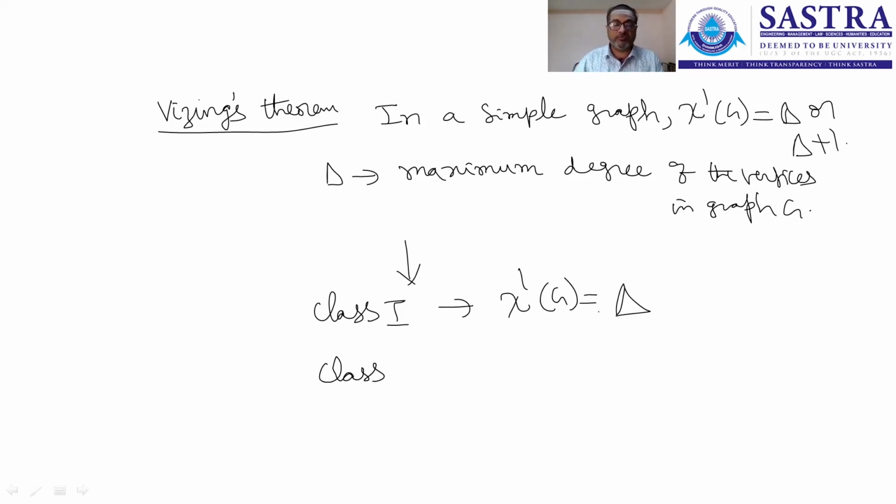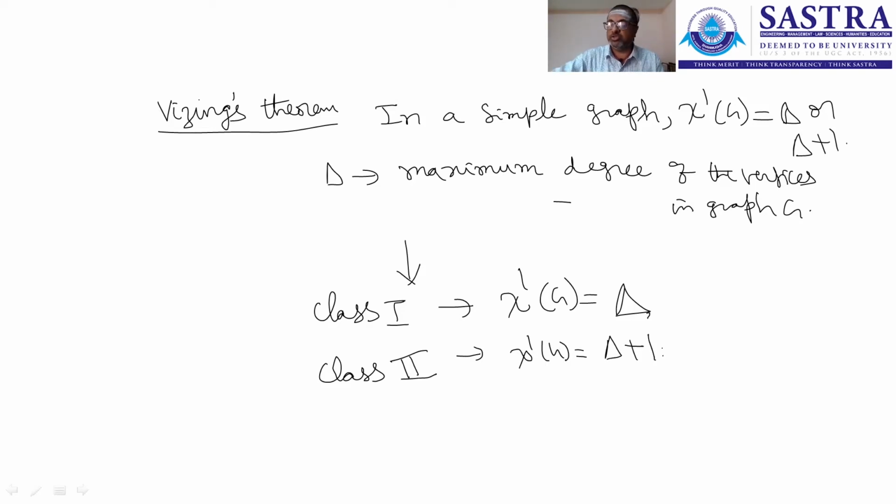Class 2 graphs is the set of all graphs for which chi dash of G is equal to delta plus 1.